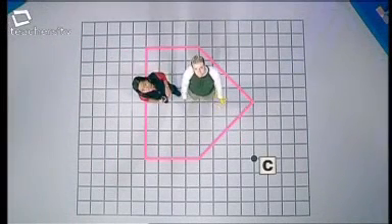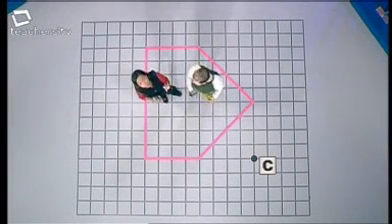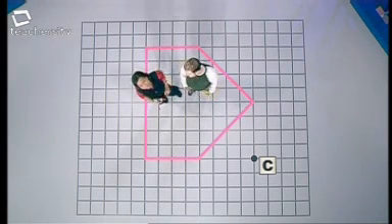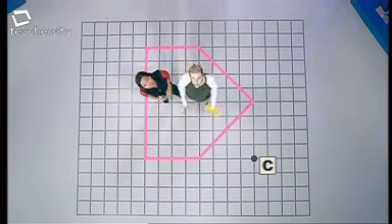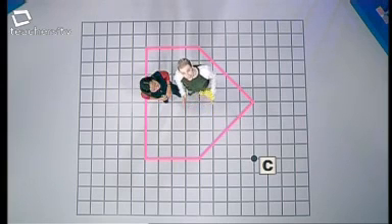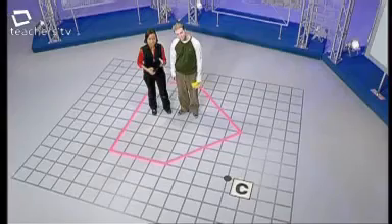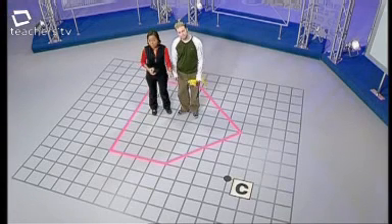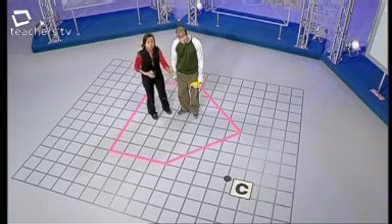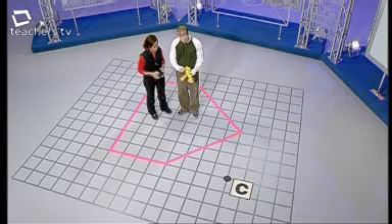If you're asked to enlarge a shape by a scale factor which is between 0 and 1, here's how to do it. We're going to enlarge this shape by a scale factor of 1/4, and the centre of enlargement is going to be this point here, C. The first thing you've got to do is draw a line from the centre of enlargement through one of the corner points on the original shape.